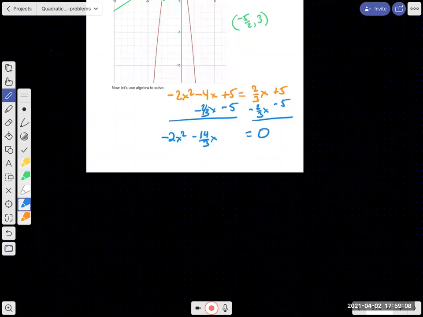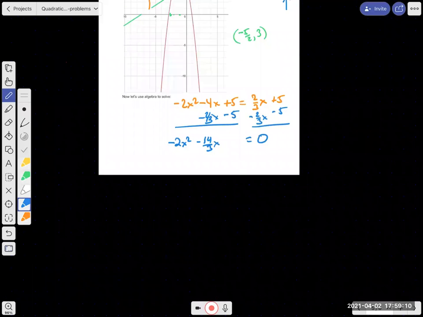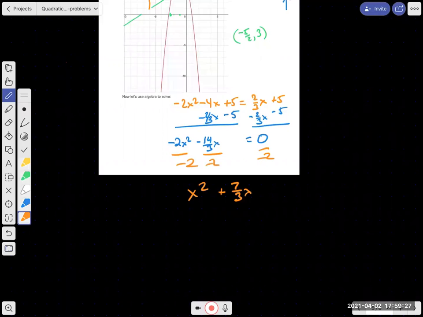And so I look at this saying, well, I'm not sure what to do, but maybe I can divide by 2. Divide everything by 2. How about by -2? So then I get x squared plus 7/3 x equals 0.